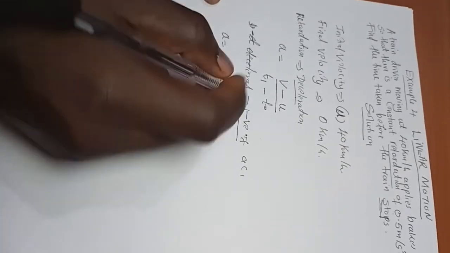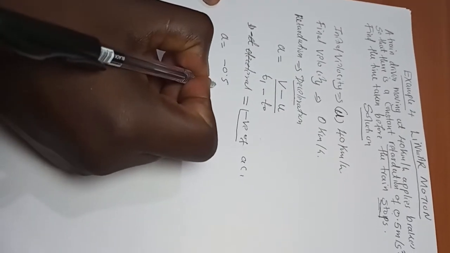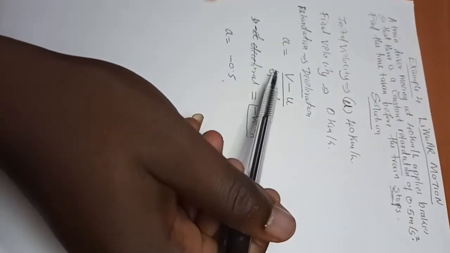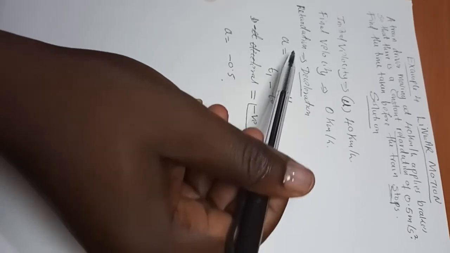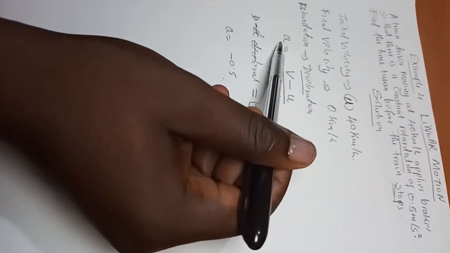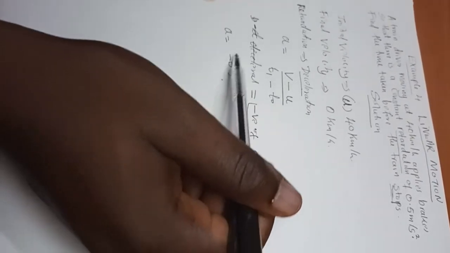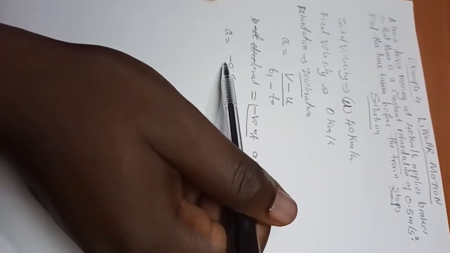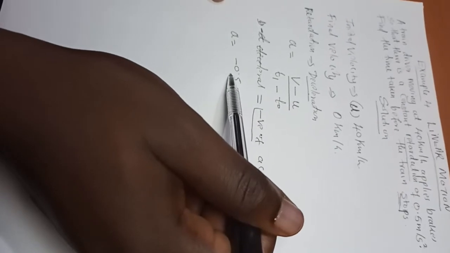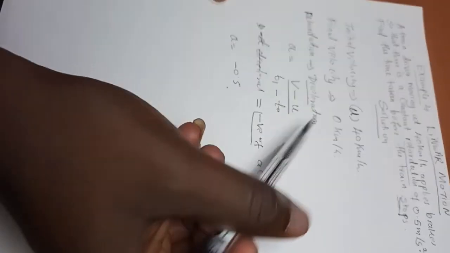It won't be 0.5 as such, because this was a deceleration, but in our formula we have acceleration. So we deal with this 0.5 in acceleration format, where we negate it, which means it was decelerating.